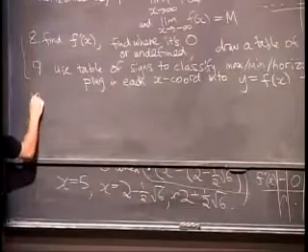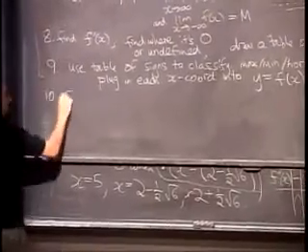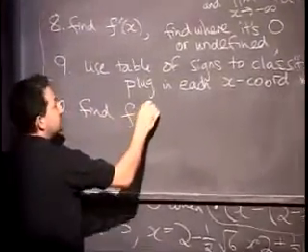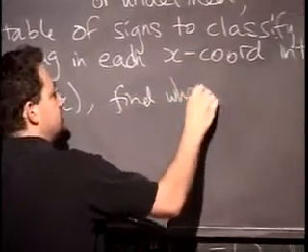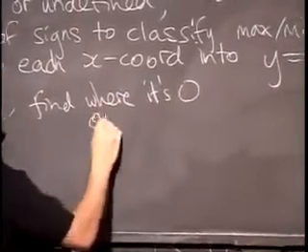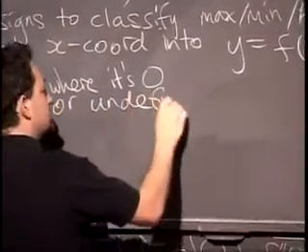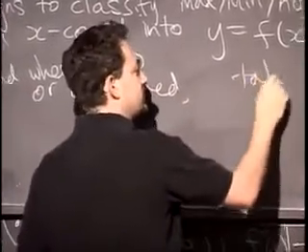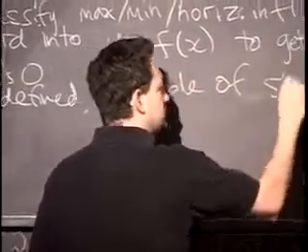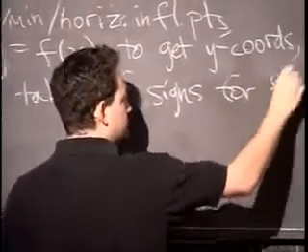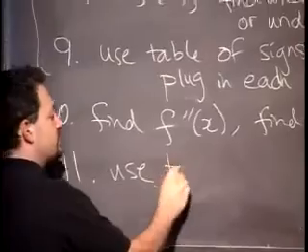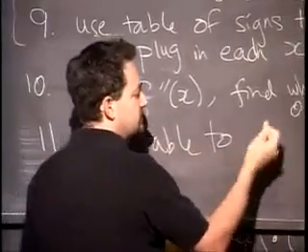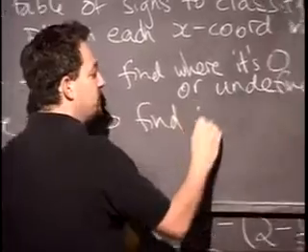Steps 10 and 11 are similarly paired, but they involve the second derivative. So find the second derivative. Find where it's 0 or undefined. And table of signs for the second derivative. And then step 11 is the companion step. Use the table to find the inflection points.